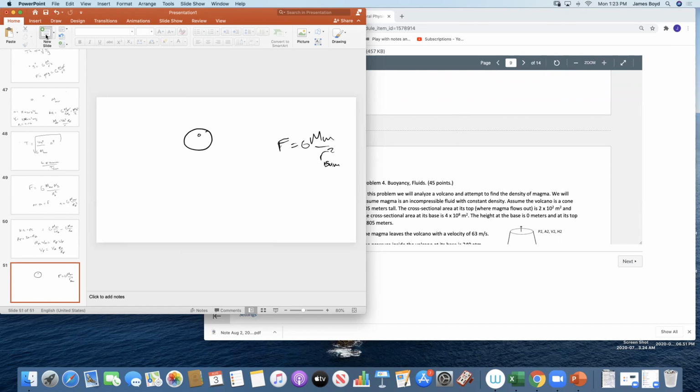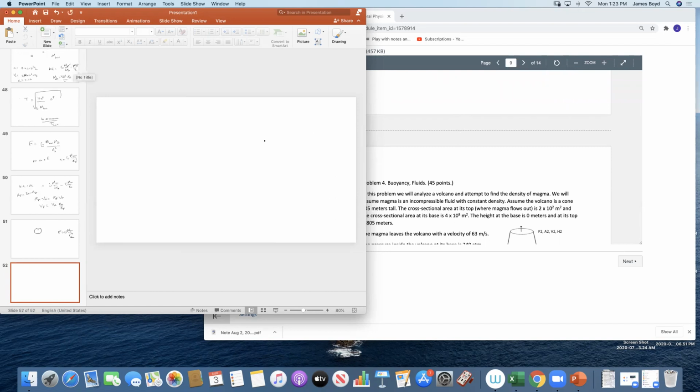So to recap really fast, and then we're done here. For fluids, P2 is equal to P1 minus rho G (H2 minus H1), Pascal's principle. What am I forgetting?